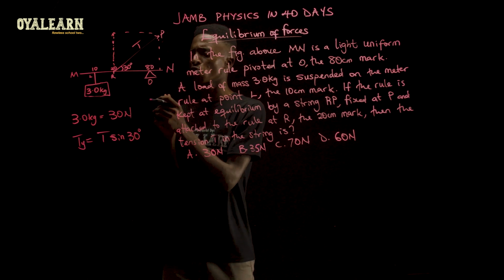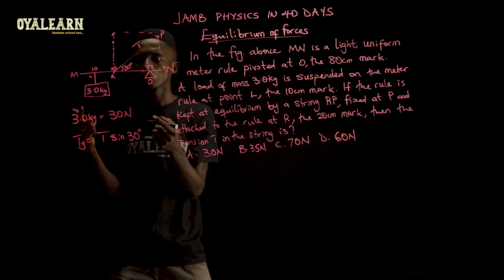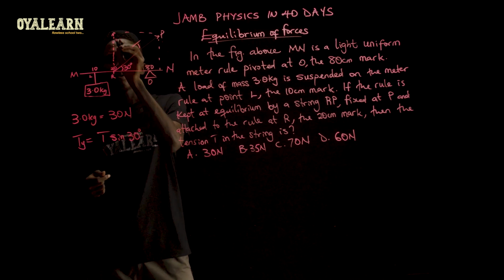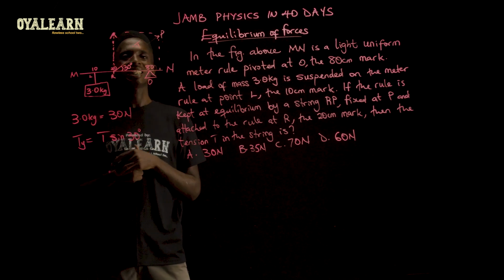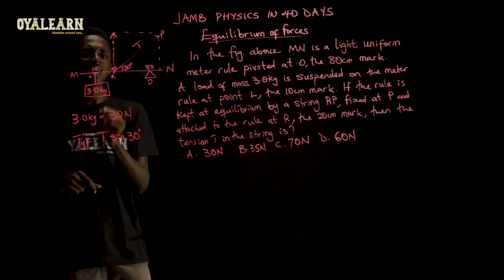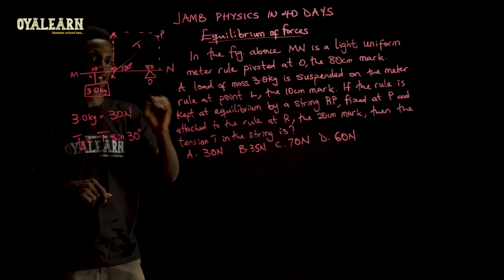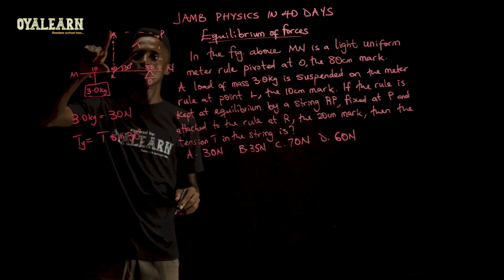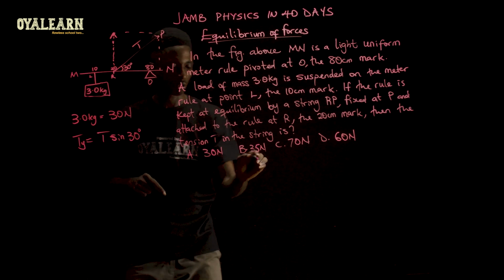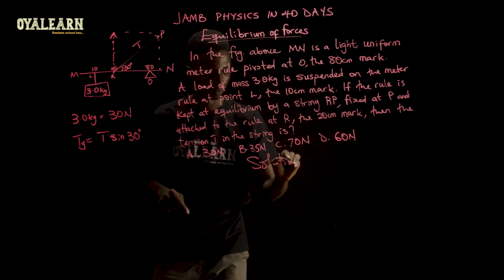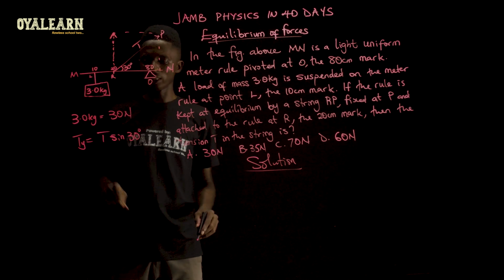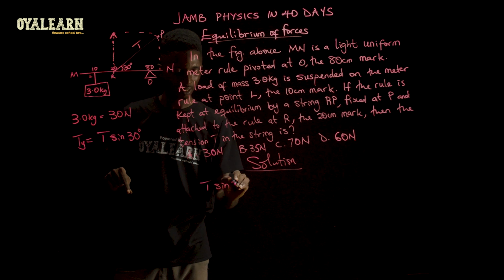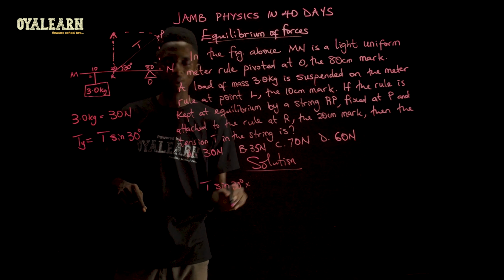So now let's go on to solve by applying the condition where the clockwise moment must equal the anti-clockwise moment. Take note of the direction in this case. This force is going to be moving in the clockwise direction. It will force this rule to move in the clockwise direction. So it's from here we're going to take our clockwise moment. Solution. Clockwise moment will then be this force here, that is T sine 30 multiplied by the distance.